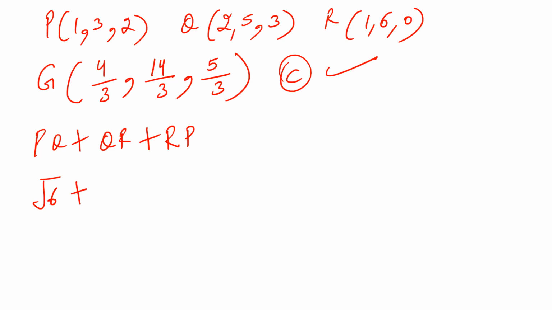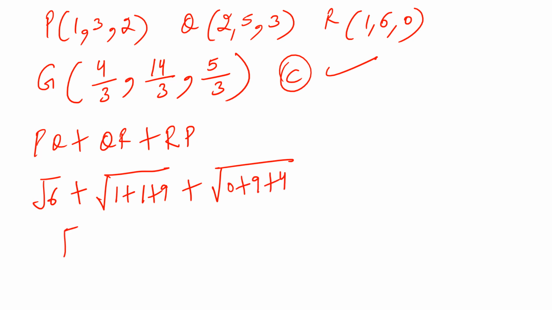And for this purpose, you can obviously use the distance formula to find the distance between 2 points. So QR becomes square root of 1 plus 1 plus 9, and RP becomes square root of 0 plus 9 plus 4. So finally it becomes square root 6 plus square root 11 plus square root of 13.